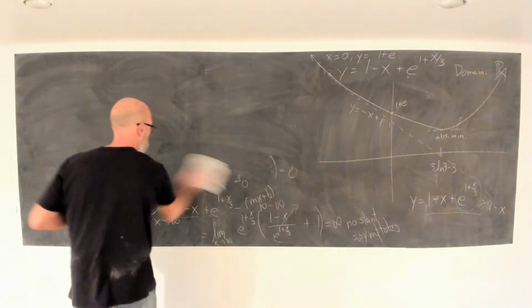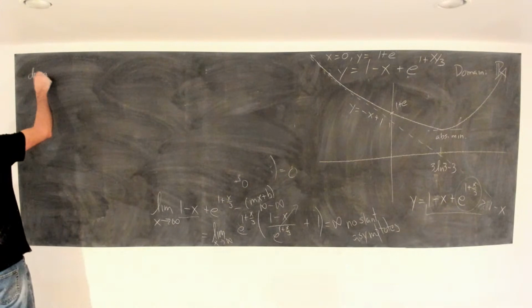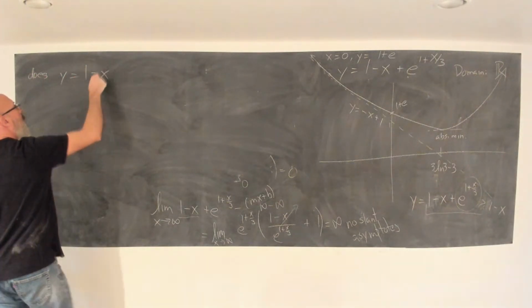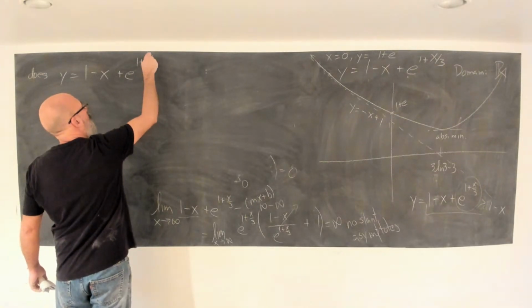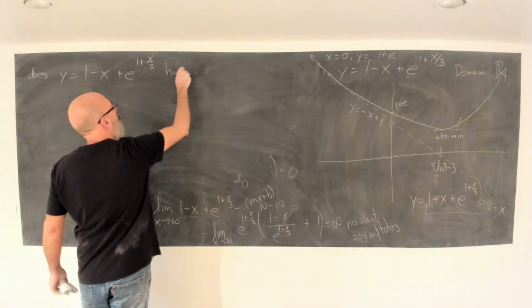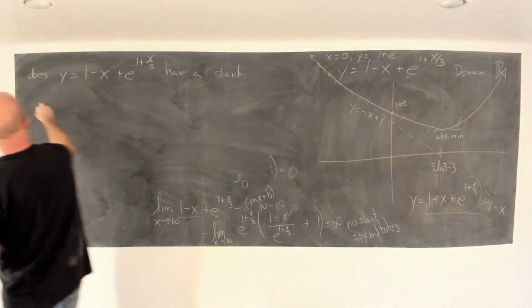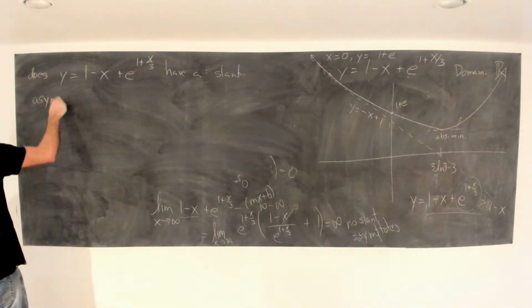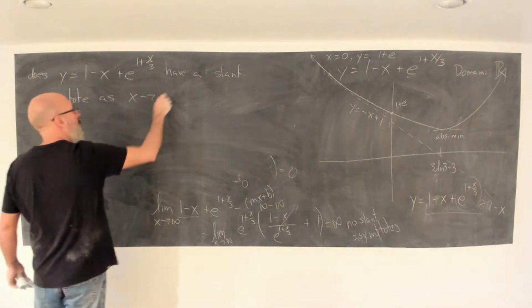Here's a question. Does y equals 1 minus x plus e to the 1 plus x over 3 have a slant asymptote as x goes to infinity?